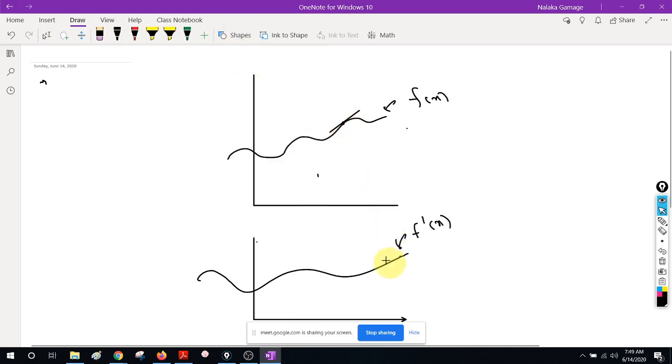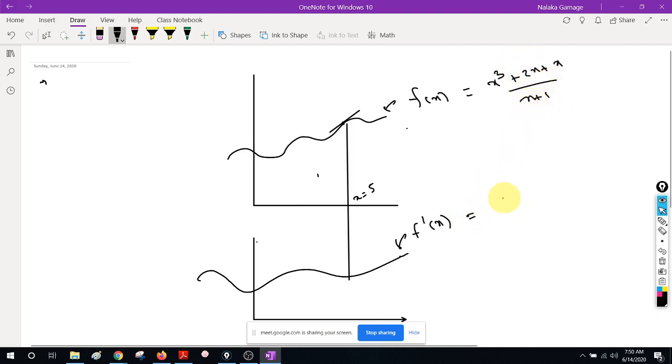Now you have got this one. Come to this function. If you want to find this gradient at, say, x equal to 5, don't substitute x equal to 5 into the original function.